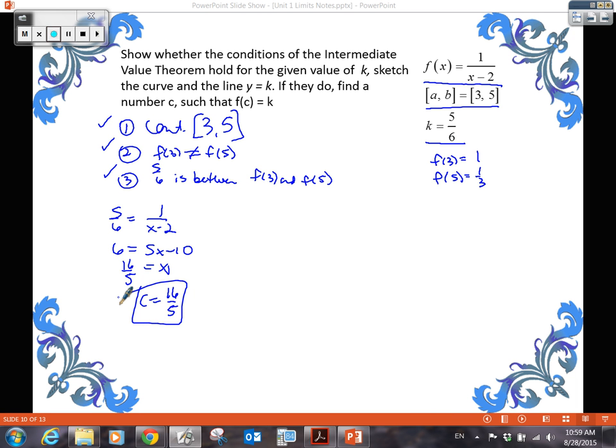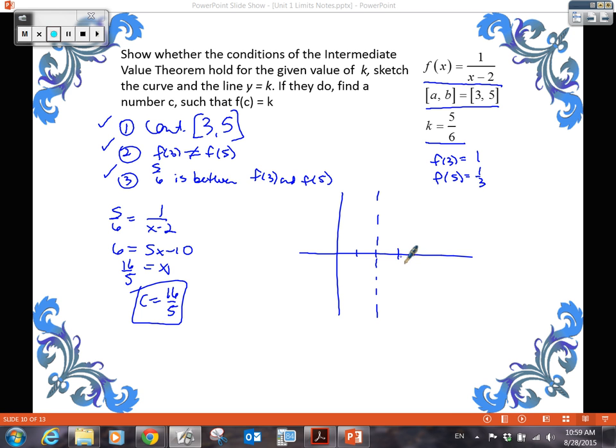Okay, now the last thing that they want us to do is graph. Basically, I'm just going to graph on the interval between 3 and 5. I'm not going to graph the whole thing. So we know that this equation has an asymptote at 2.